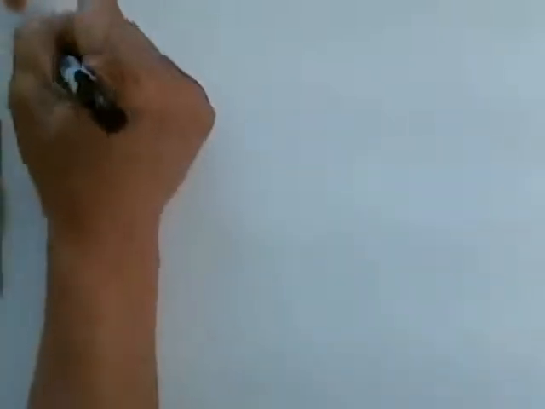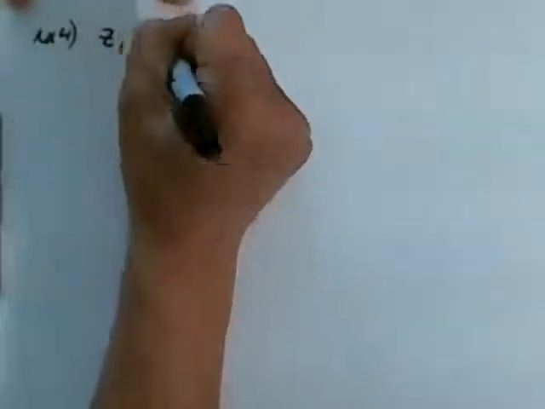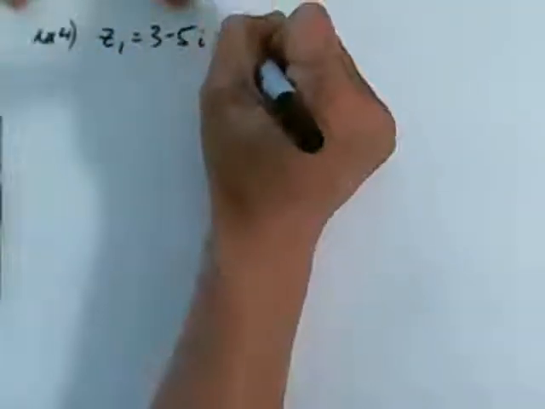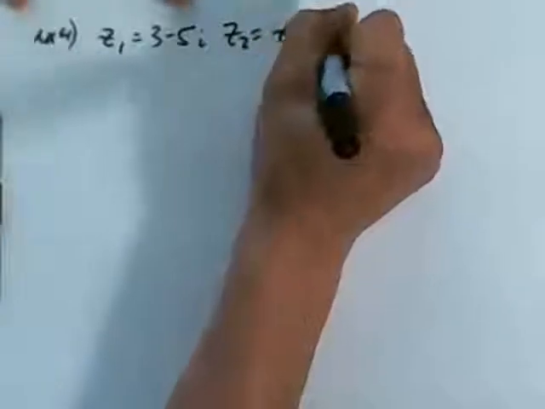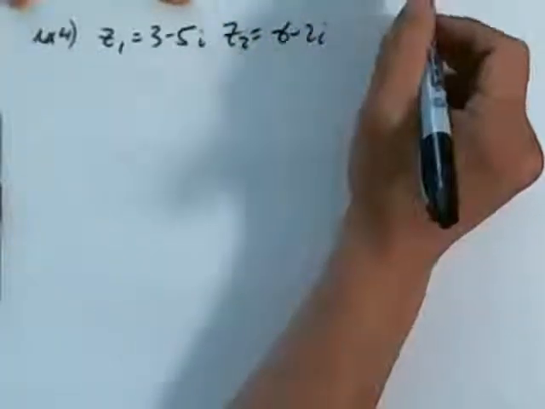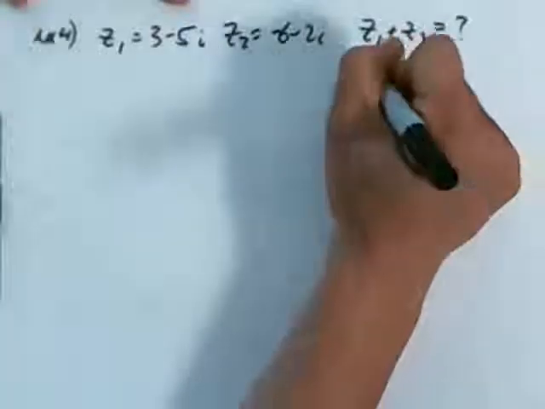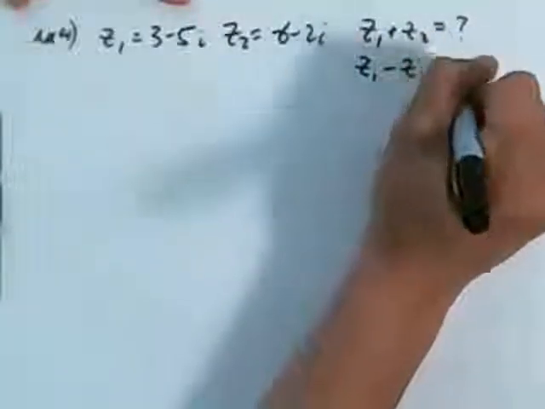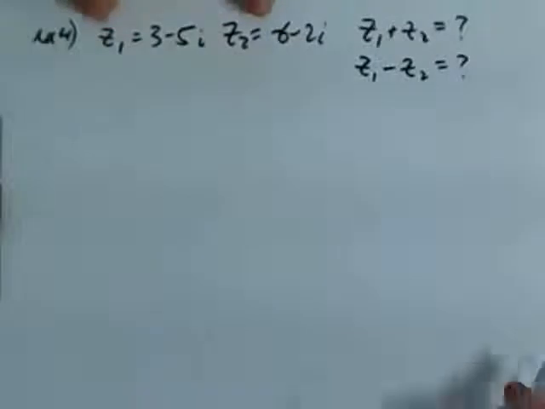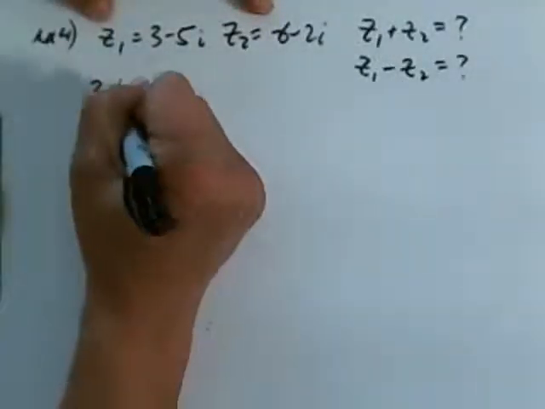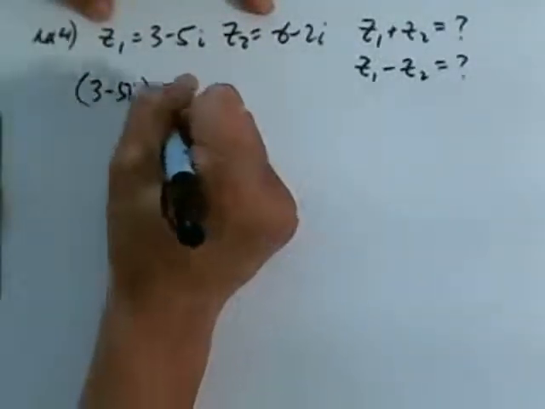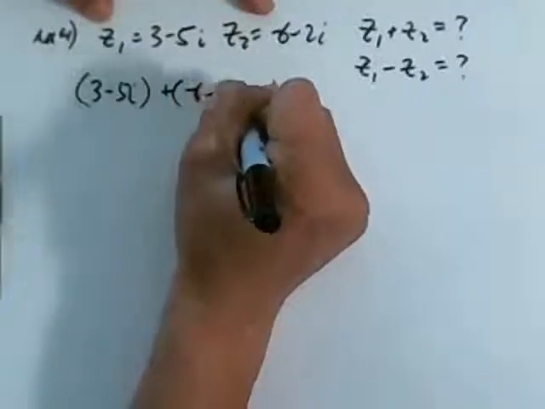Example 4. It says that C1 is equal to 3 minus 5i, C2 is equal to negative 6 minus 2i, and I want you to find C1 plus C2 and C1 minus C2. So we add them up. 3 minus 5i plus negative 6 minus 2i.